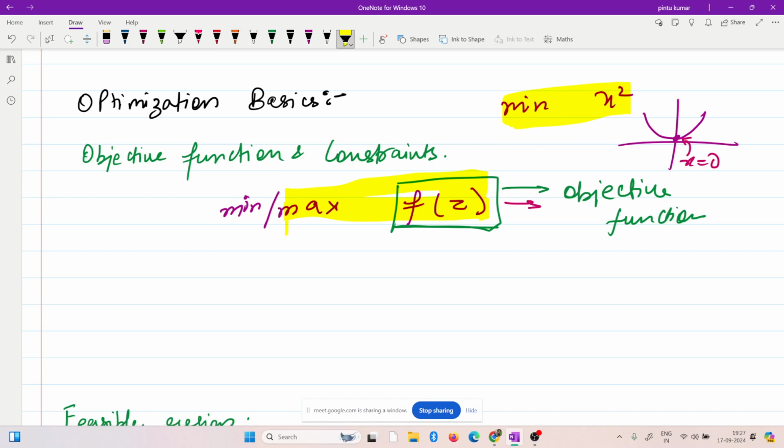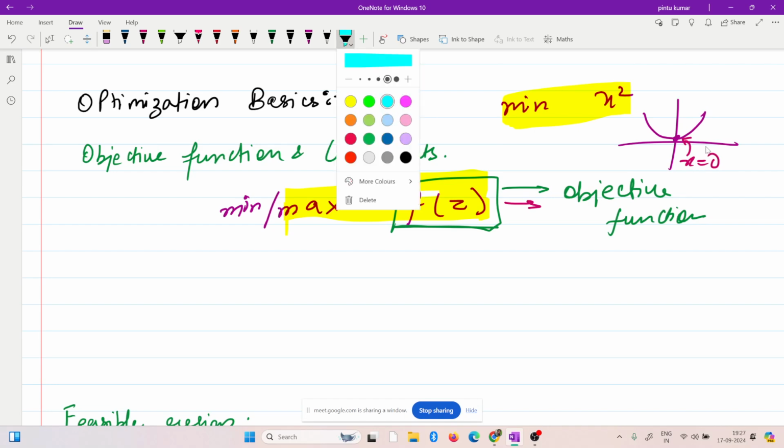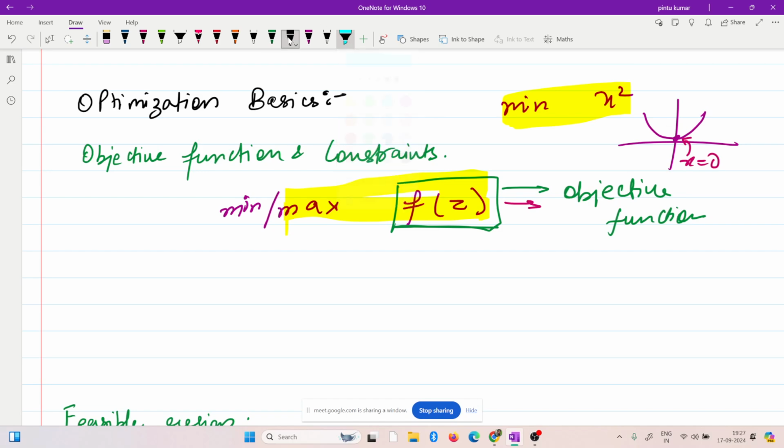Okay. Now let's say in this question, I add a twist. I say, tell me the minimum of x square when your x is greater than or equal to 4. Let's say x equal to 4 is this point. Then in this region, I'm asking you, what is the minimum value of my x square?